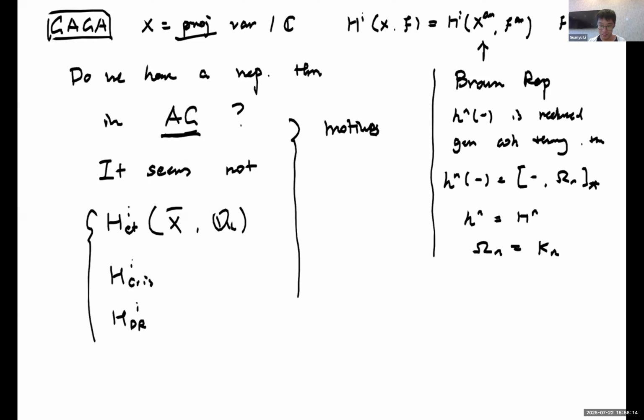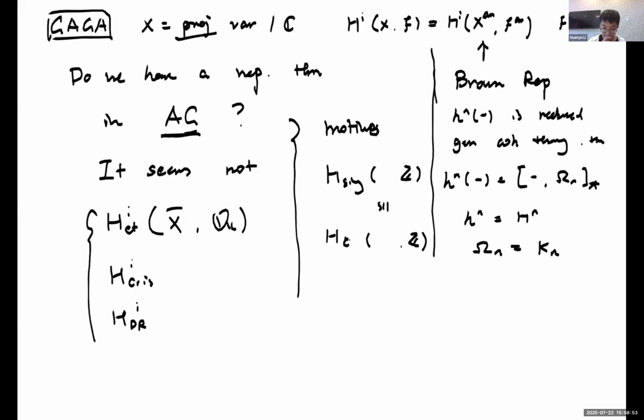Maybe I was in a rush at the very end, so thank you, Professor Hoffman, for pointing that out. Here I really should say that singular cohomology with Z coefficients is the same as the Čech cohomology of the constant sheaf.